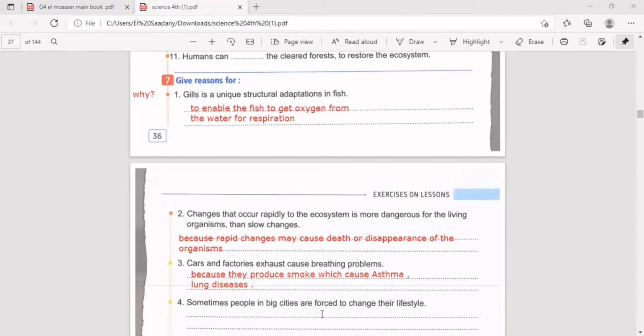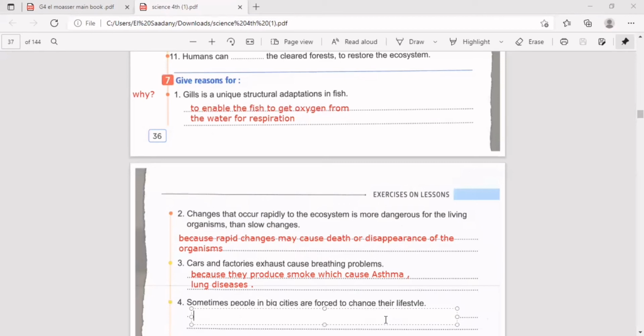Sometimes people in big cities are forced to change their lifestyle. Give reason. Why did this happen? Why do people in the big cities have to change their lifestyle? What happened to their city? What happened to their environment? What do you think, guys? Sometimes because of the pollution, the people have to move to newer places that have no pollution or less pollution. So the city is polluted.